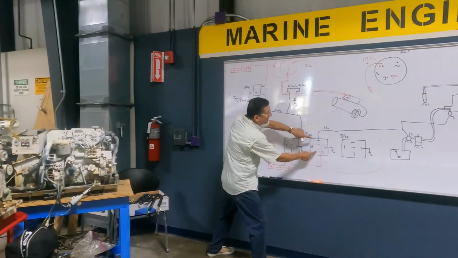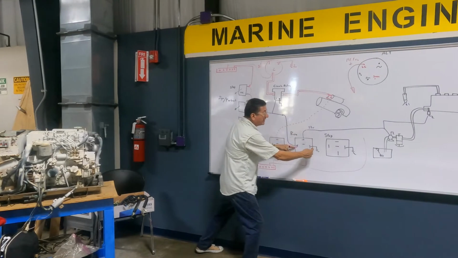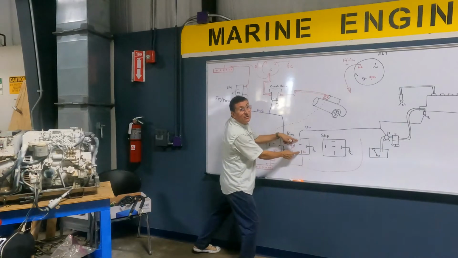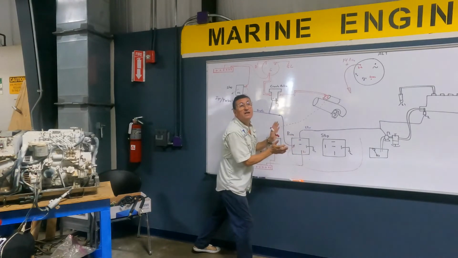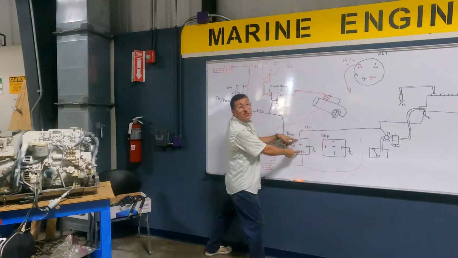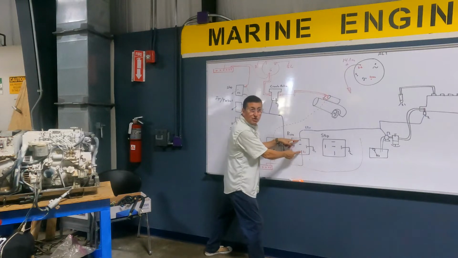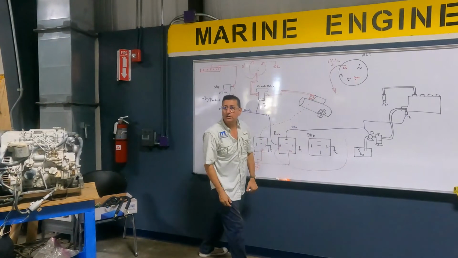Between this and this, how is the connection? Normally open. When I power the relay, what happens with that connection? It closes. Between this and this is normally open. When I power it, the contacts close and I have connection. Yes or not? Yes.